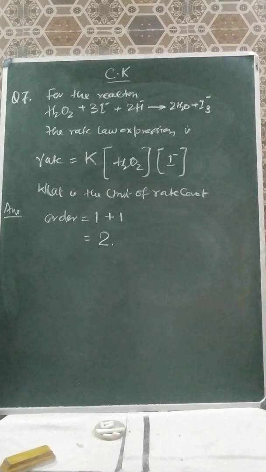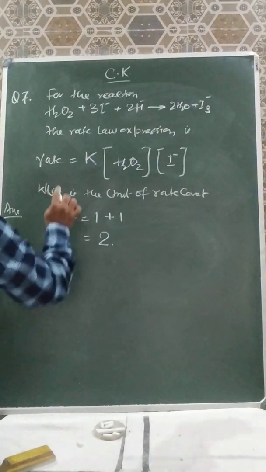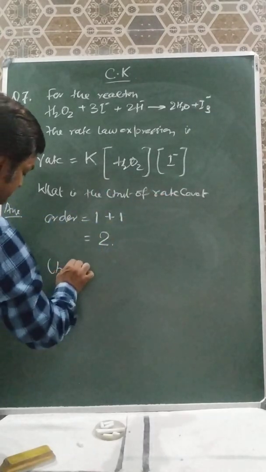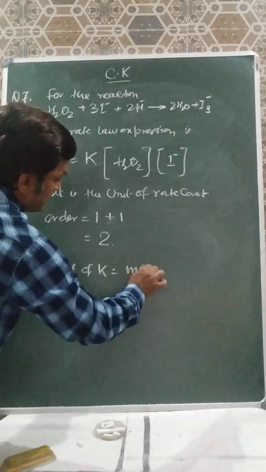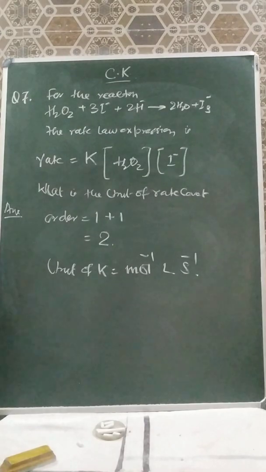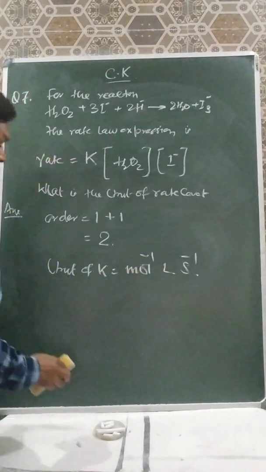So that is 1 minus n. The unit of rate constant k is equal to mole inverse liter per second. For second order, 1 minus n, that is 1 minus 2, and n minus 1.